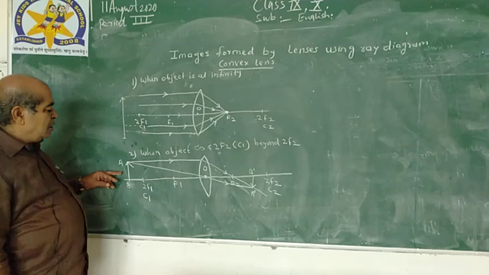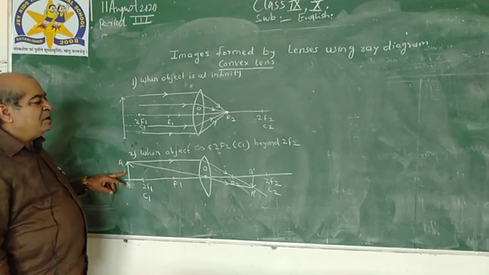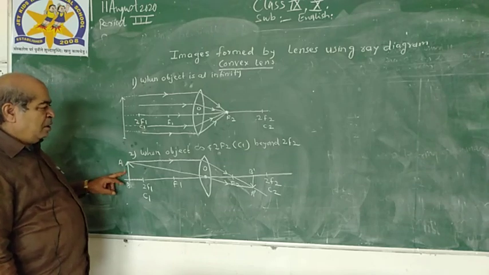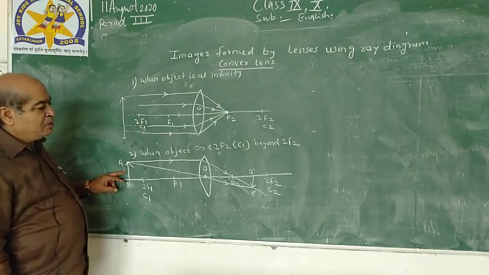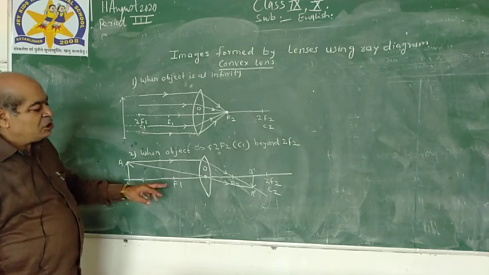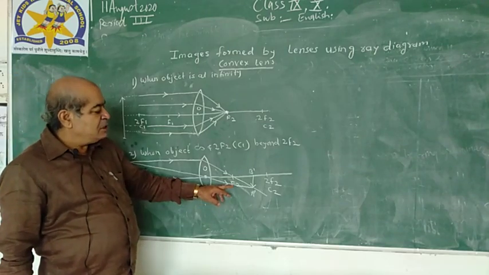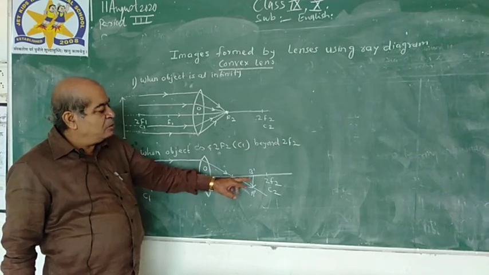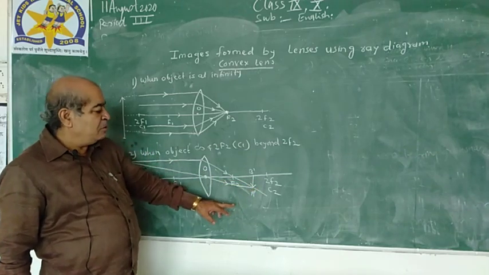So when the object is between infinity and twice F1, or beyond twice F1, then the position of the image is between F2 and twice F2.